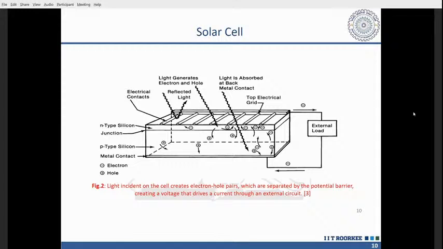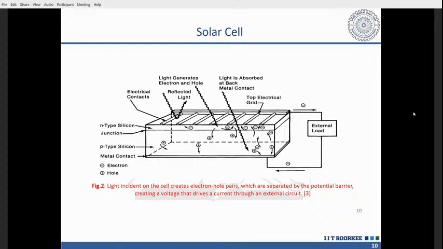Okay, so now coming to the same thing, what animation you have seen over there. What is the basic principle through which the solar cell acts? As I said, this is known as solar photovoltaic. Photo means photon.